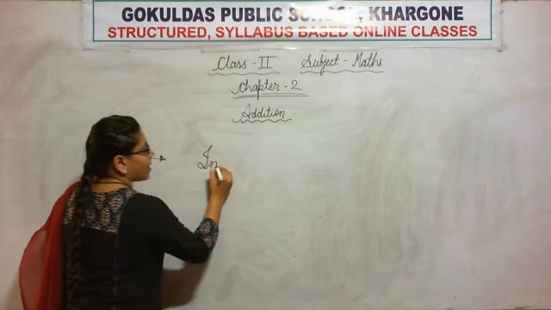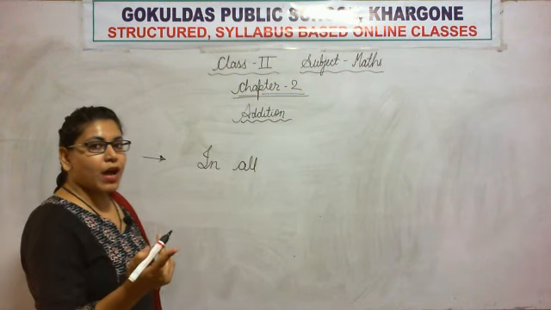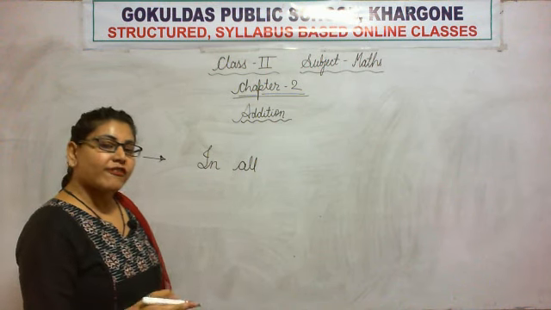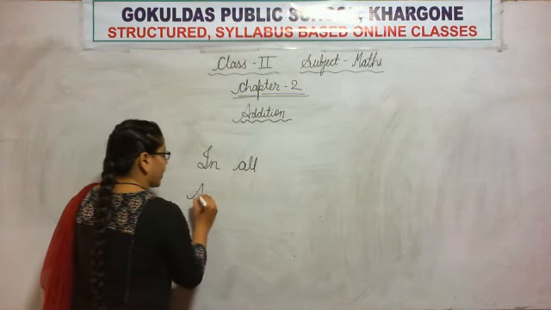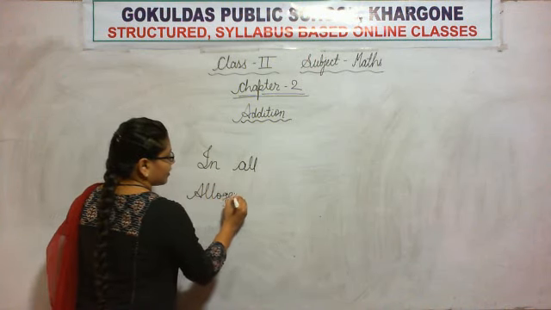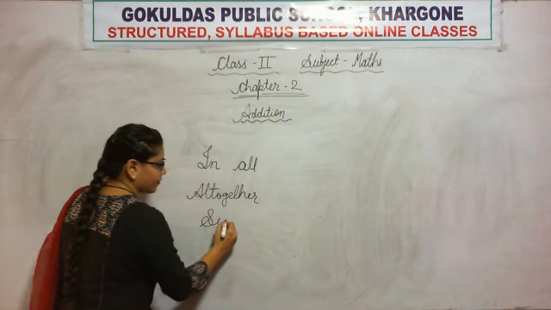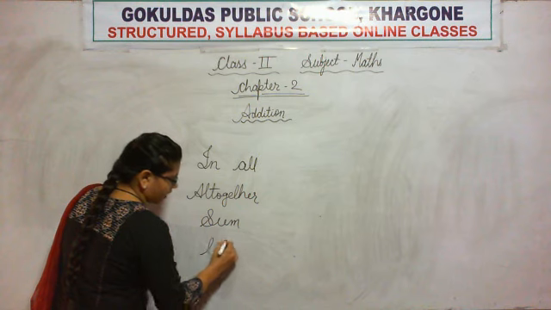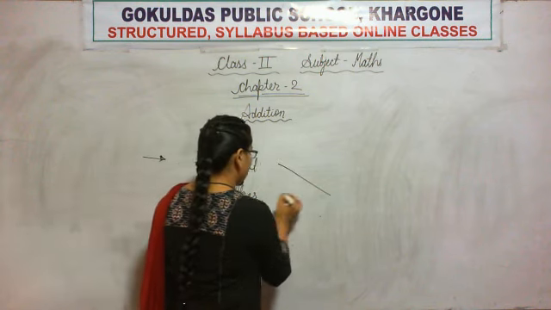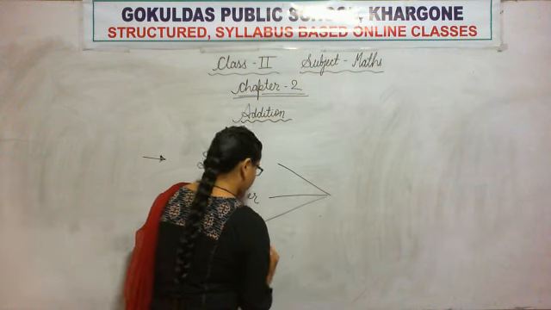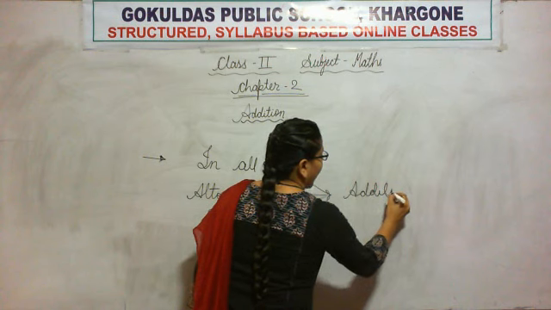Whenever we see "in all" written in a word problem, we understand that we have to do addition. "Altogether," "sum" or "total" are the other terms. These four terms are most commonly used in word problems and imply that we have to do addition.